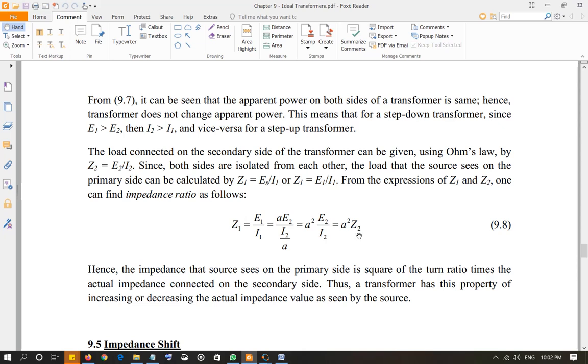So whatever load is connected, the source does not see that load. What the source sees is that load value times the turn ratio squared.